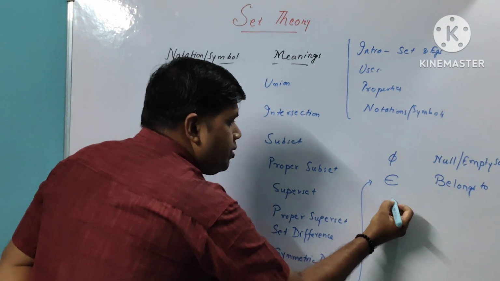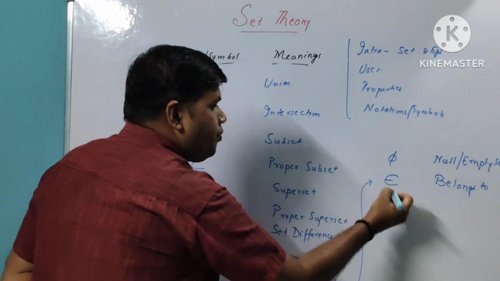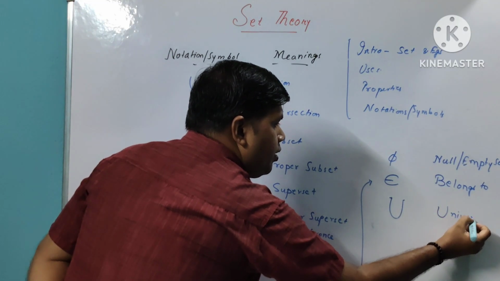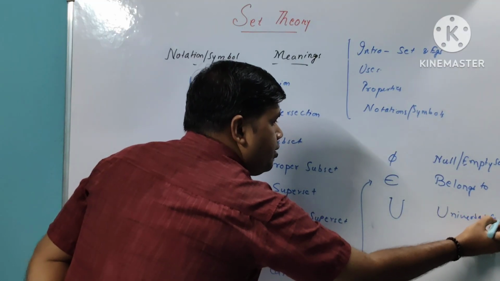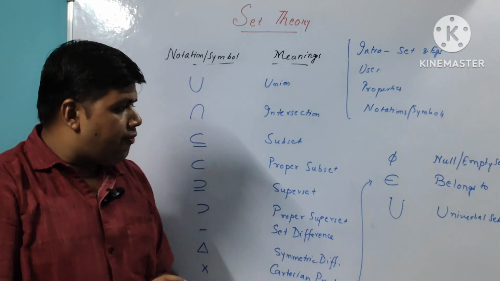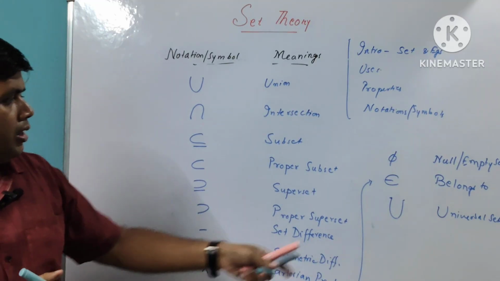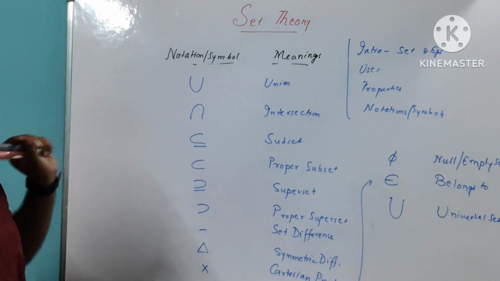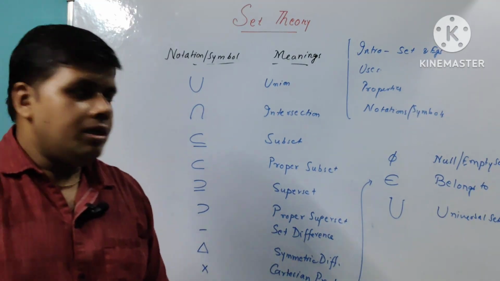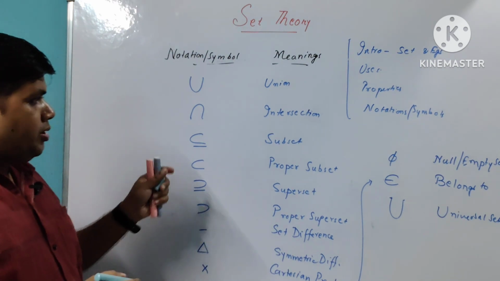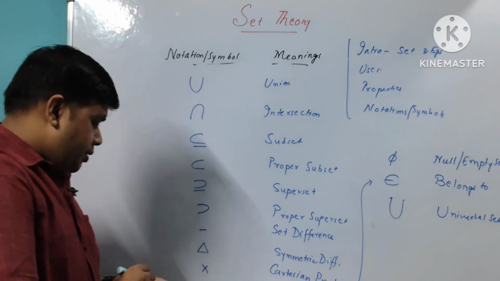And another symbol which looks like U, it is U only, is the universal set. We will look into the definition of universal set later on, but U is used to represent the universal set. So these are the commonly used symbols of set. I hope these symbols are very clear.